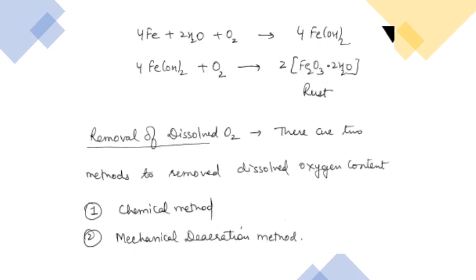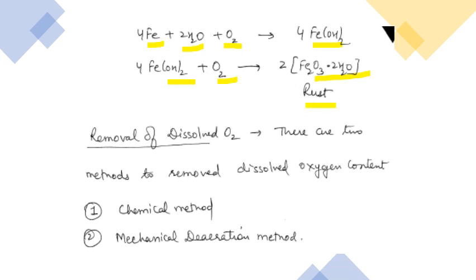So here, the reaction is, if the oxygen sets free in the presence of the water, it starts reacting with the iron to form first the ferrous hydroxide, and this ferrous hydroxide when reacting with the water forms the ferric oxide, and this is the reddish brown colored rust.